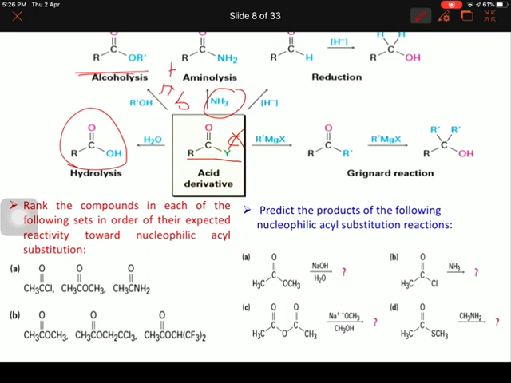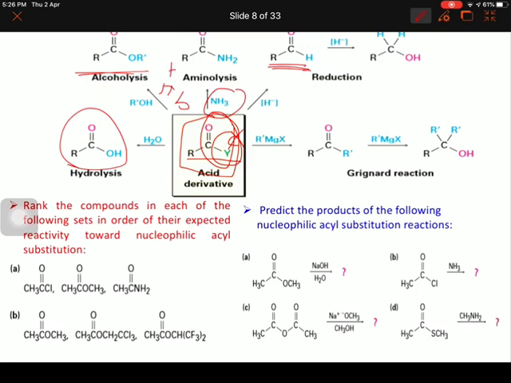The one that is different and important is here. The reduction, hydrogenation, of the acid halide or acid derivative gives an aldehyde, not a ketone. Why? Because this carbonyl group is terminal.